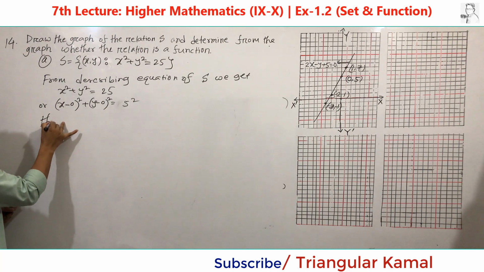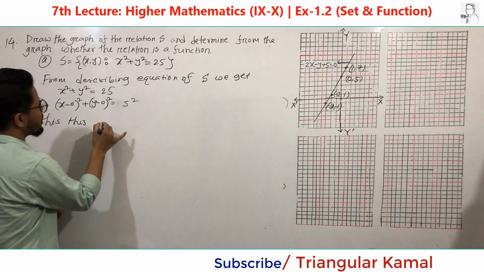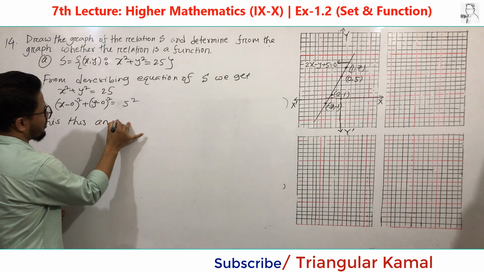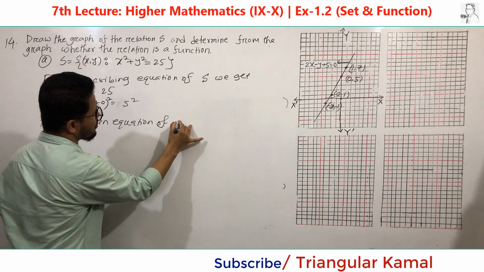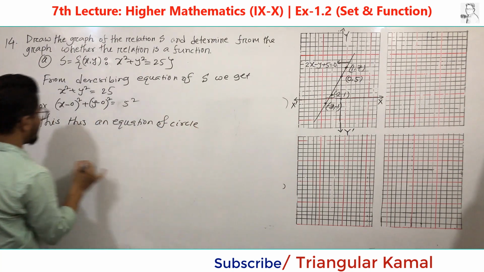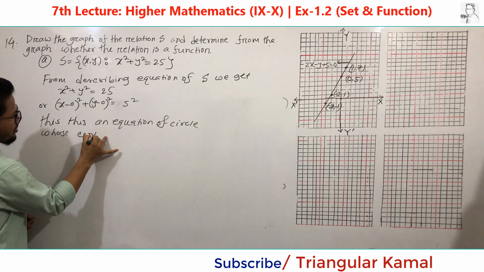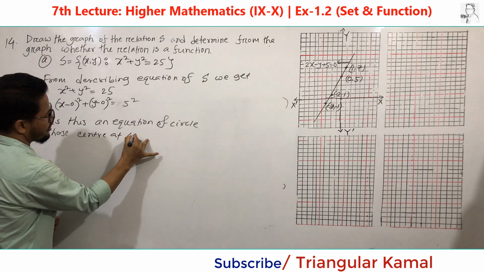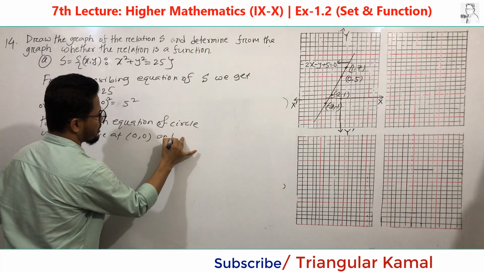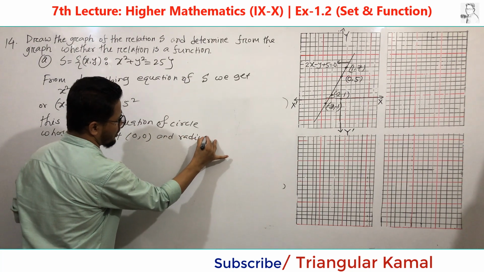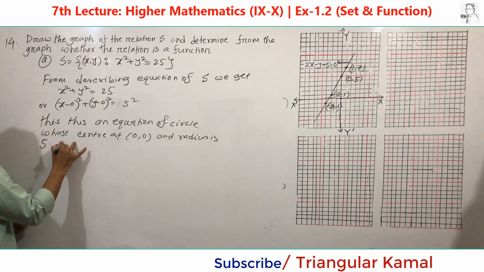So we can write here, this is an equation of a circle whose center is at (0, 0) and radius is 5.